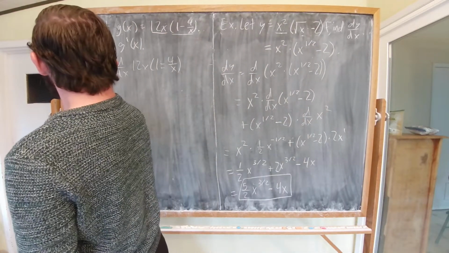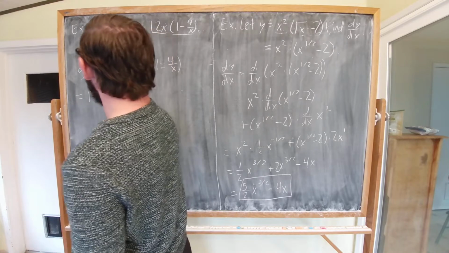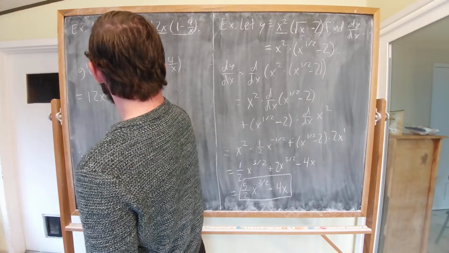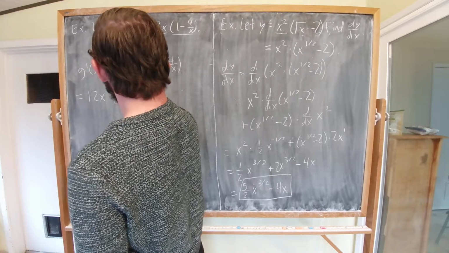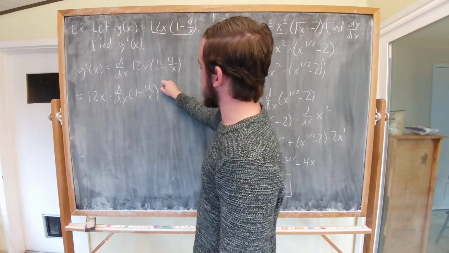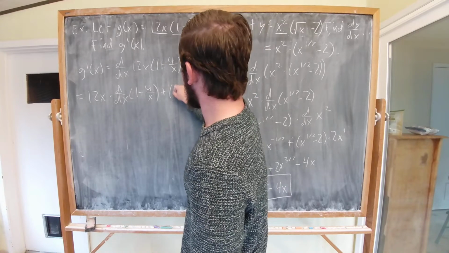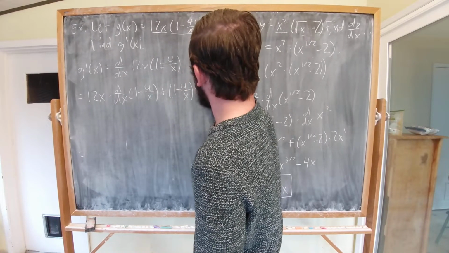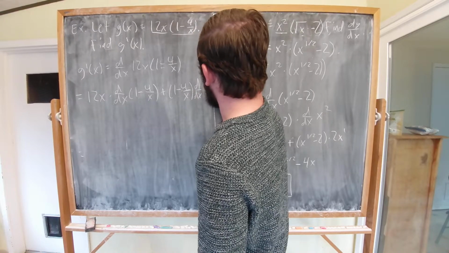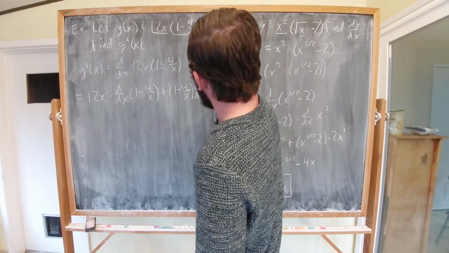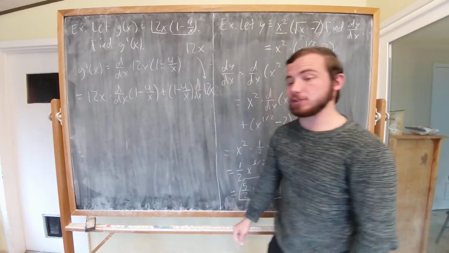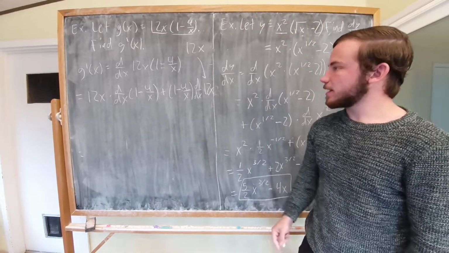First, times the derivative of the second, plus the second times the derivative of the first. That's 12x for those of you who can't read my handwriting that small. Don't worry, I'm not offended by that. Okay.